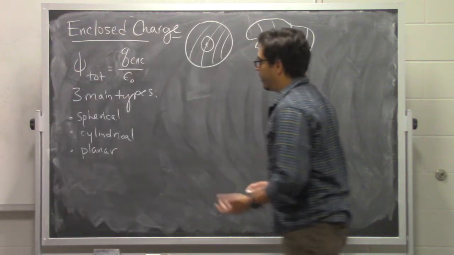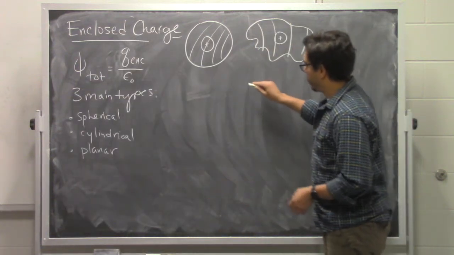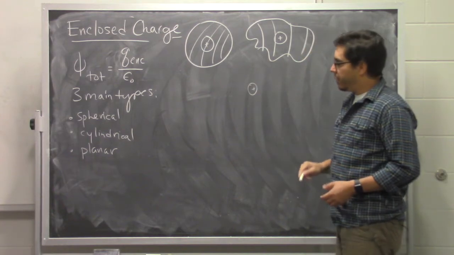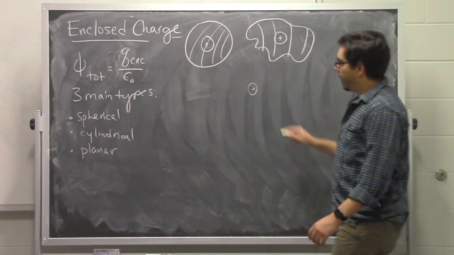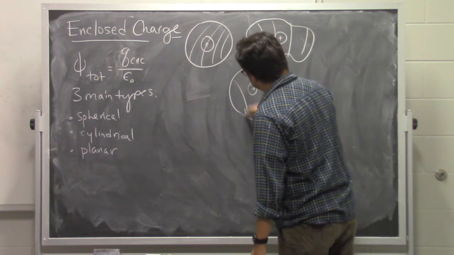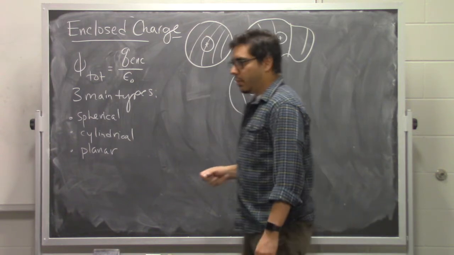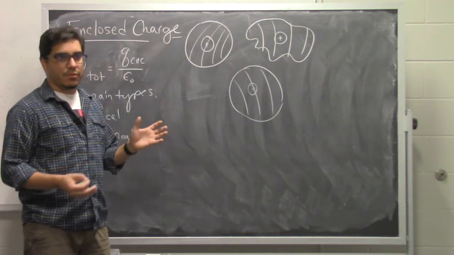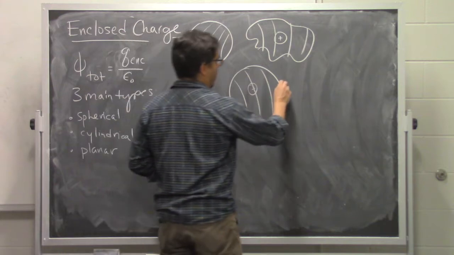So the idea behind this is if I have some sort of charge, let's say a point charge, because that'll be the common case, and I enclose that with a sphere, then what I have is a situation where the electric field points radially outward everywhere, and the dA vectors point radially outward everywhere.